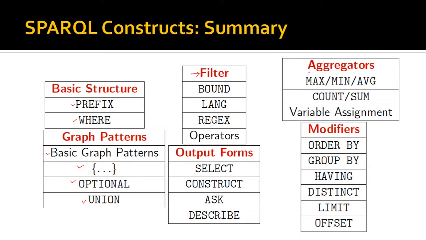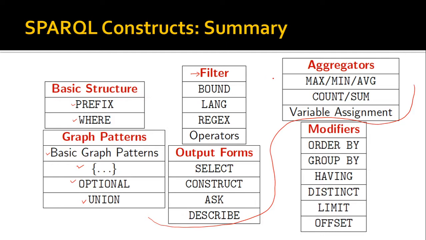You know that there are different aggregation operations like max, min, average, count, sum. You can do variable assignment and all those things. And finally, we have the modifiers, which modify the solution you get out of all this. These are the constructs that give you a set of results. Now, in many cases, you want to modify this.